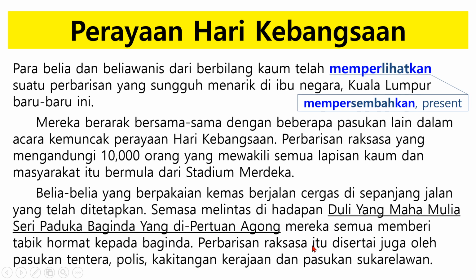Perbarisan raksasa itu, that gigantic march, disertai juga oleh pasukan tentera, polis, kaki tangan kerajaan dan pasukan sukarelawan. That gigantic march was also participated in by the army, police, government officers and the volunteers.